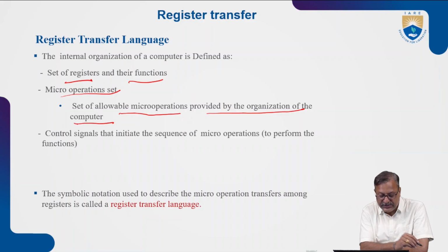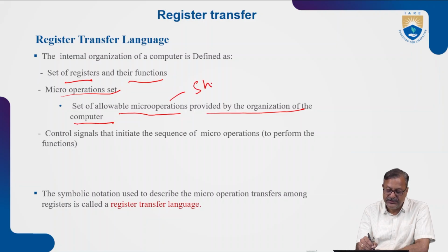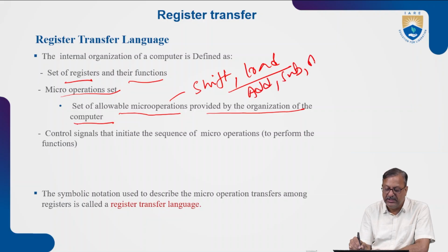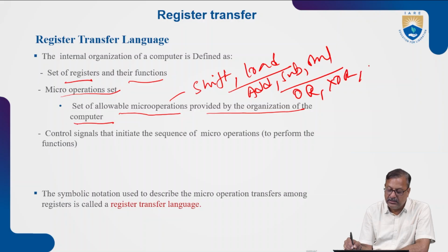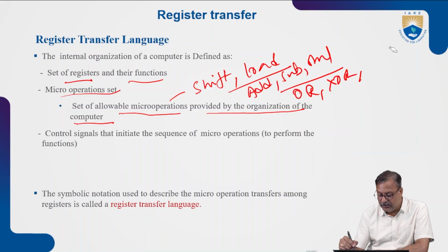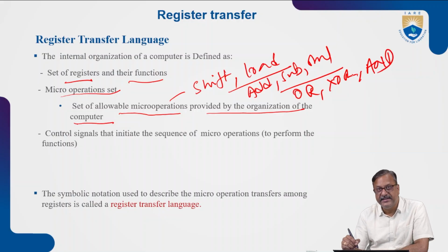What are the set of micro operations here? It can be shift operation, load operation, or arithmetic operation. What are arithmetic operations? Addition, subtraction, multiplication, or logical operations like OR, XOR, NAND, or AND operation, or you want to clear the data, or increment. Clear is a processor control operation.